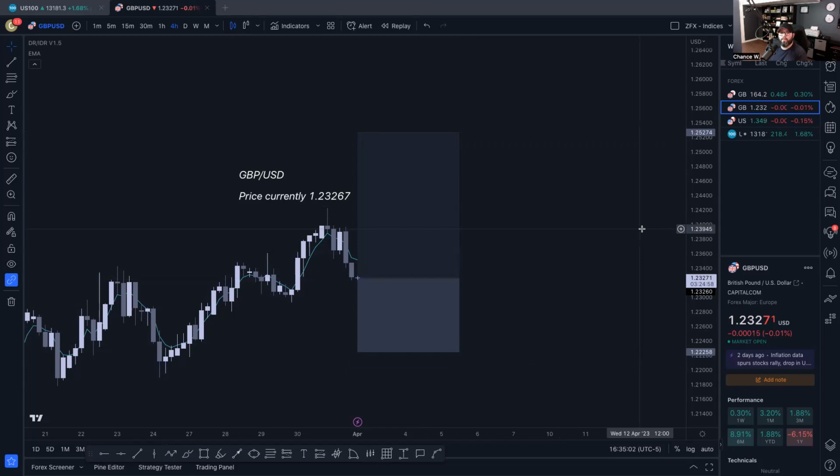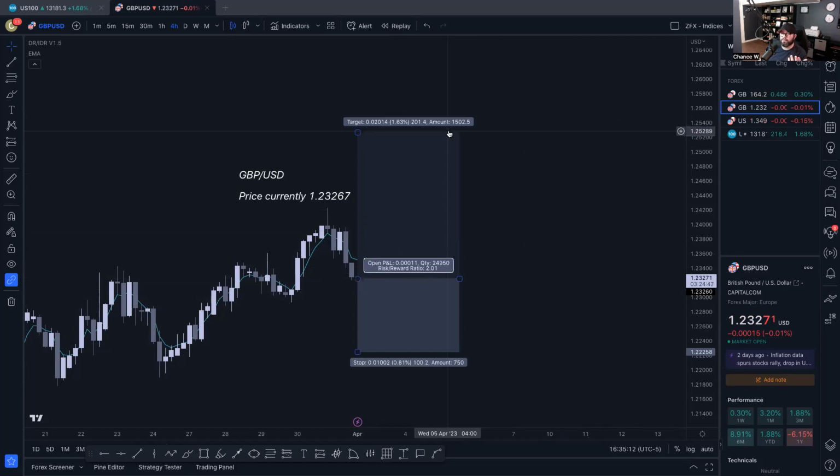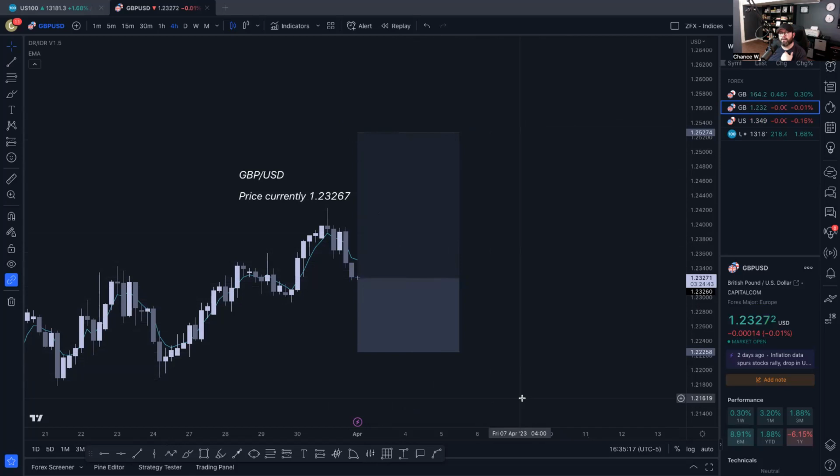So now that we know how that works, leverage is being used in our favor. If it hits that level, that's $20 to the good to us. If it hits this level, that's $10 to the negative on us, right? So that's it in a nutshell.